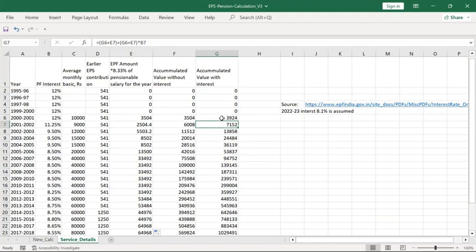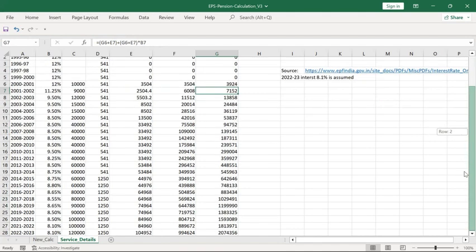This was last month's contribution, plus E7 for this year's contribution, and this is the total sum. For this total sum, the interest for this year, that is 11.25% in B7. So basically, this is my principal and this is my additional interest. That's how I'm calculating here, and the same thing applies everywhere till the end.